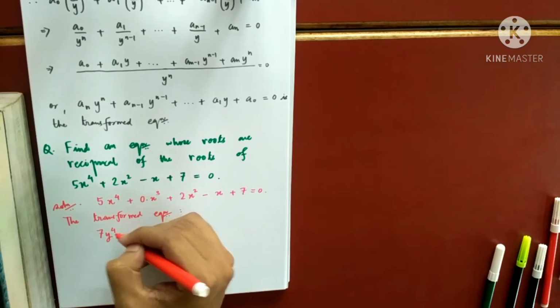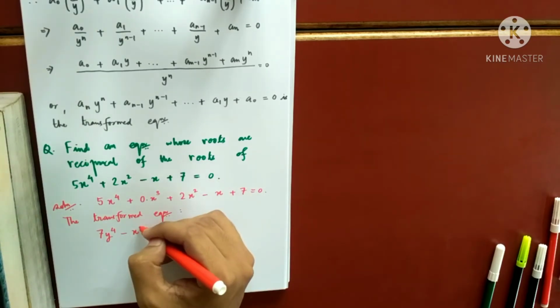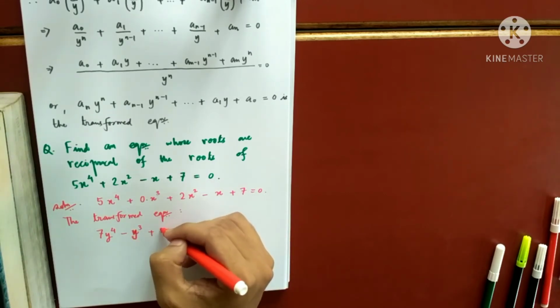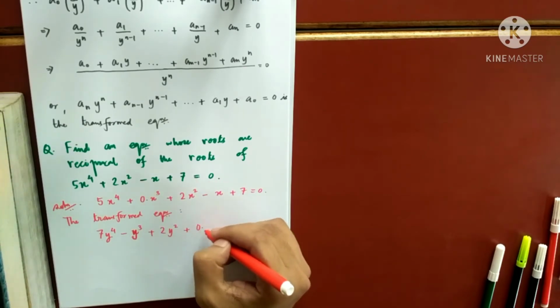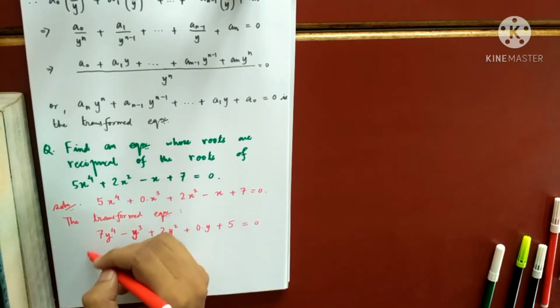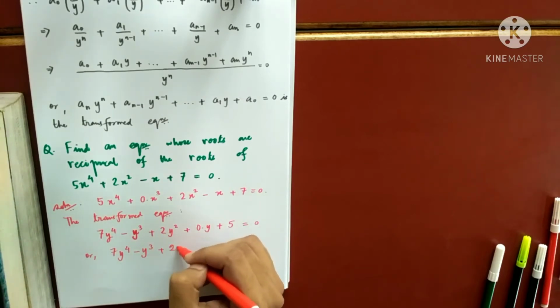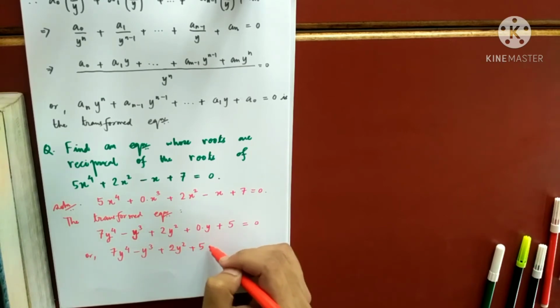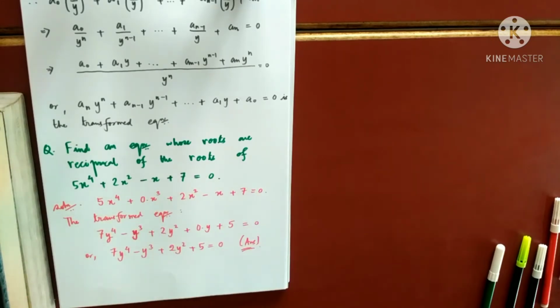So y to the power 4, minus 1 y cube, then plus 2y square, then 0y, then 5 equals 0. Or 7y to the power 4 minus y cube plus 2y square plus 5 equals 0 is the answer. This equation will have roots reciprocal of the roots of this equation. Understood my point?